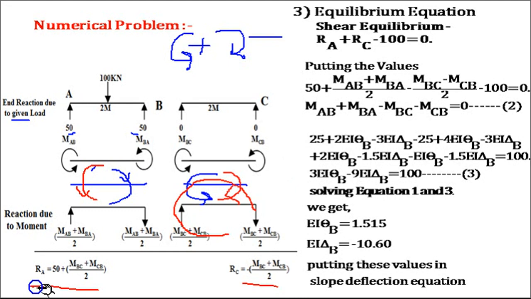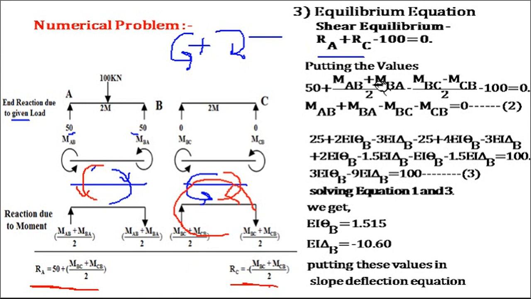Now here we know the value of Ra and Rc. Now we will put this value of Ra and Rc here. Okay, so value of Ra is 50 plus MAB plus MBA upon 2. Sorry, here it should be MBA.